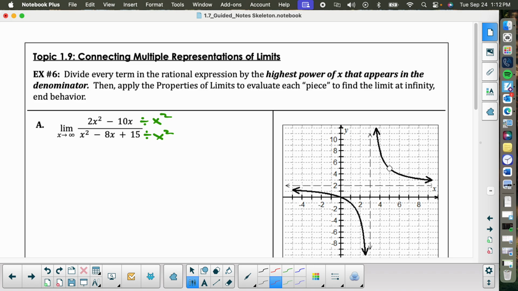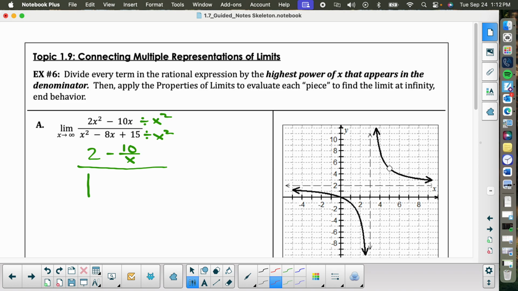So this would turn into 2 minus 10 over x. If you divide by x squared, x squared cancels x squared, and x cancels x. Why can't you guys do the division like this in your head yet? This is supposed to be something you can do easily. What's x squared divided by x squared?